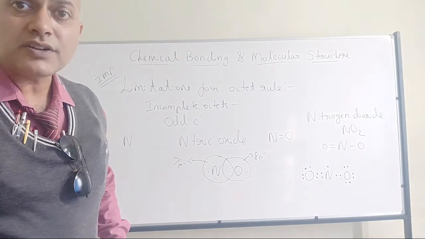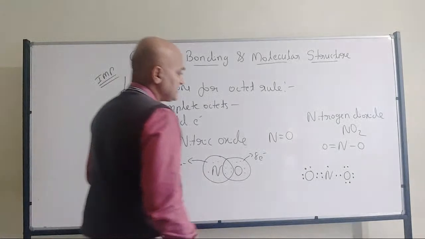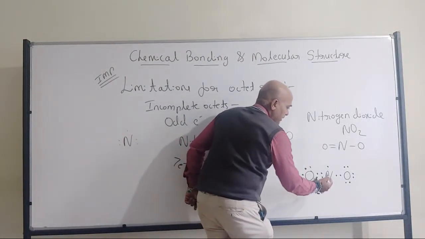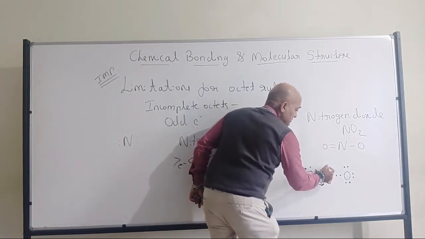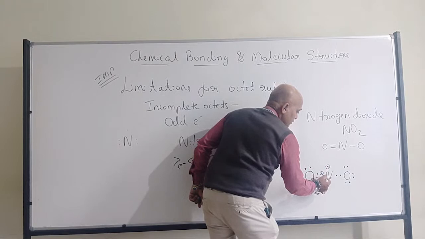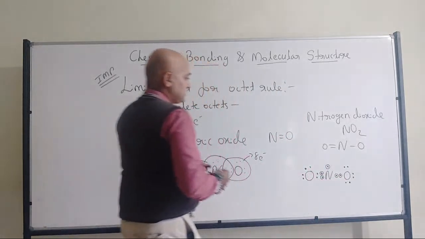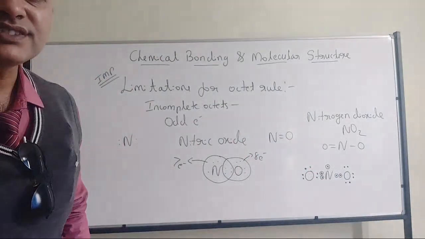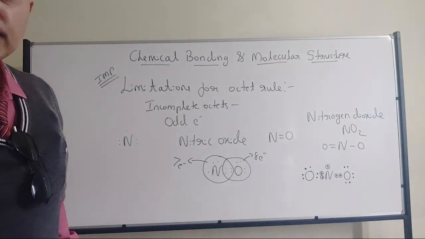All the 6 electrons are present. I will make you understand by making a different shape for the nitrogen electrons. So 1, 2, 3, 4, 5. Those electrons belong to nitrogen, which I have circled.